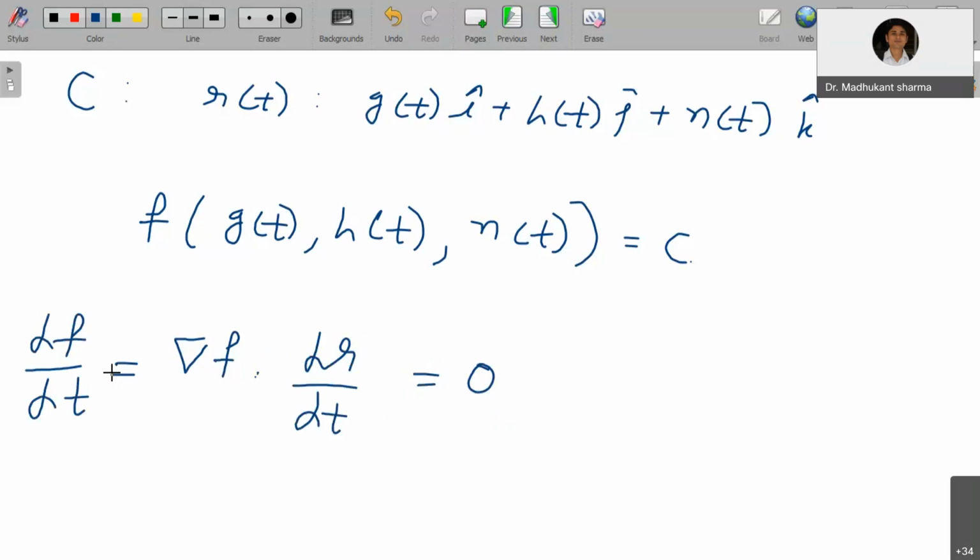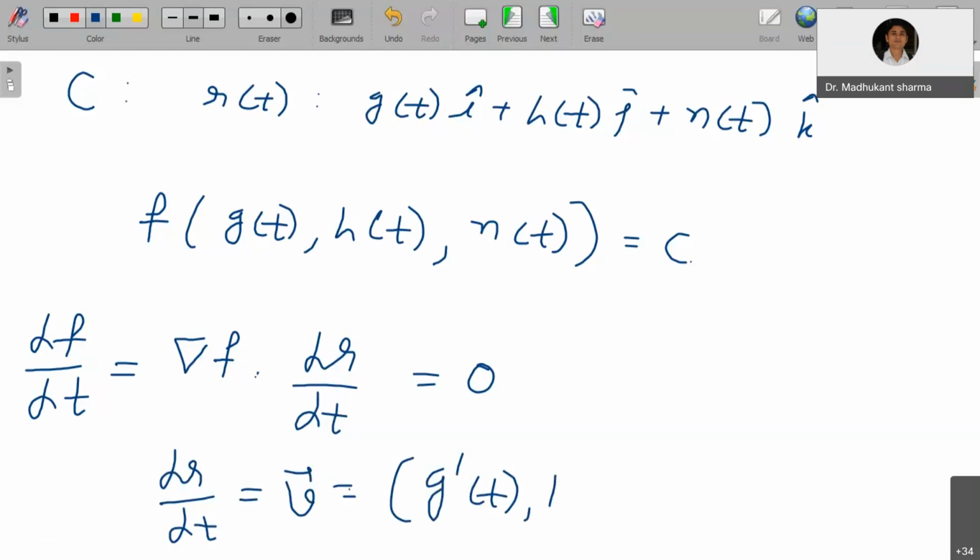You are trying to identify df by dt, the change in f along that curve with respect to time. So dr by dt, which we named the velocity vector, has components g dash of t, h dash of t, n dash of t, and so on.